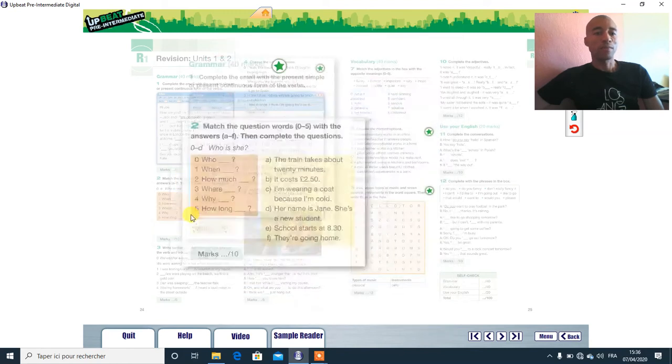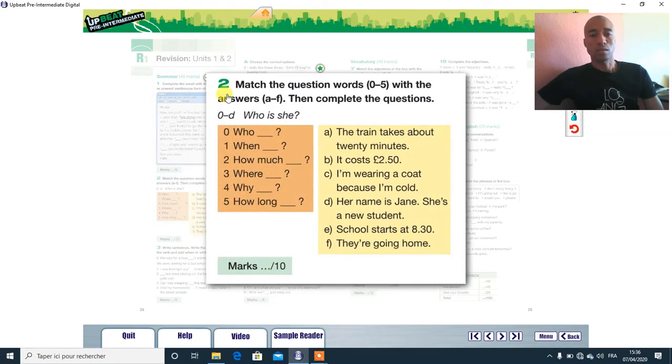After that we have the next exercise 2: match the question words from 0 to 5 with the answers from A to F, then complete the questions. And the first one is done. We have who, and we said that we use who to ask about a person, right?